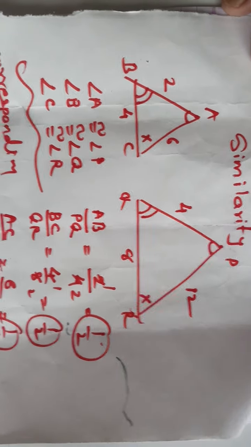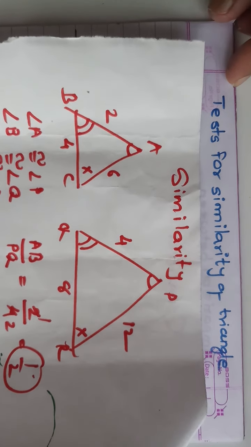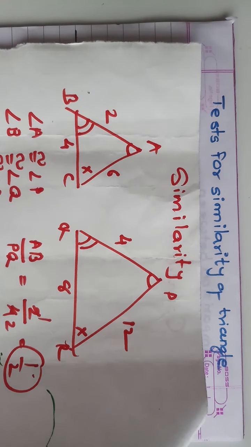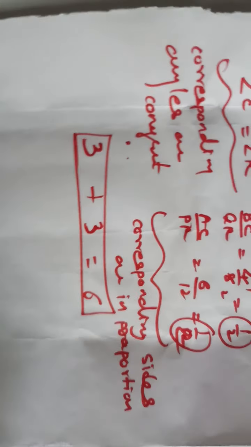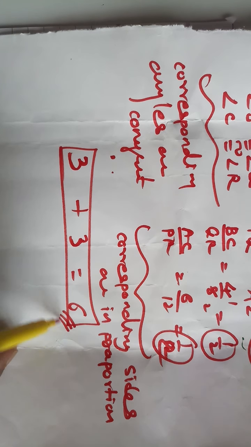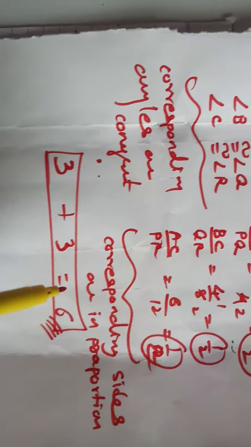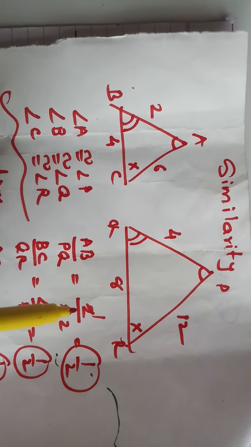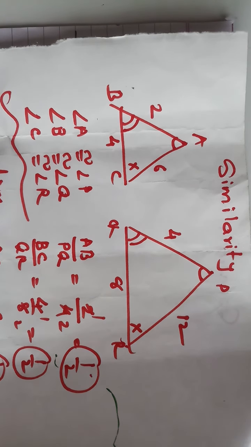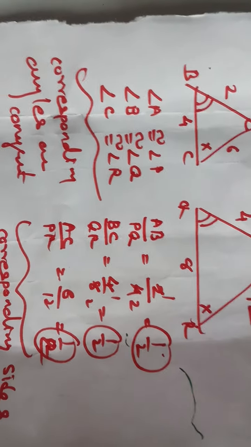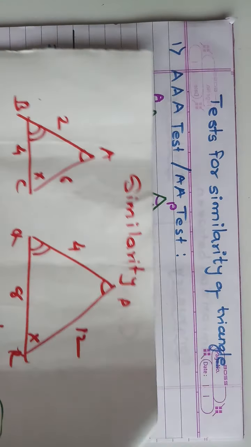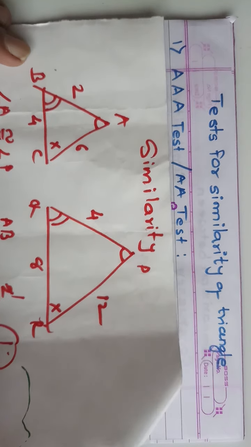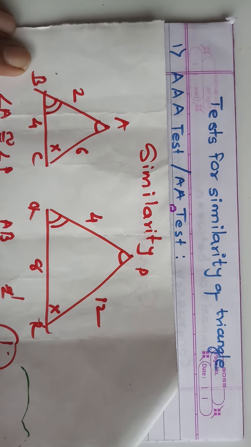Now let's see the test for similarity of triangles. So 6 conditions should be fulfilled to prove two triangles similar. But out of 6, if any particular 3 conditions are fulfilled, then the remaining 3 conditions will be automatically fulfilled.